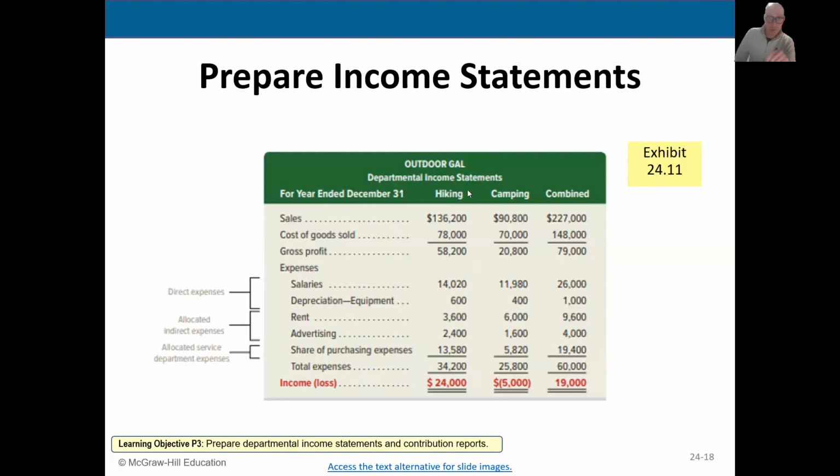You'll notice that in this example, the hiking department was positive 24,000. Camping was negative 5,000 income. Total for the company, 19,000. As a department manager of the camping department, I might be a little worried, because my controllable expenses are probably a little high.